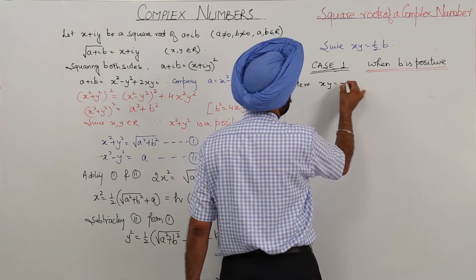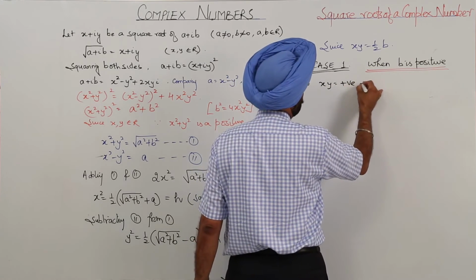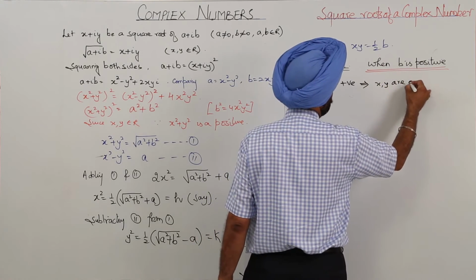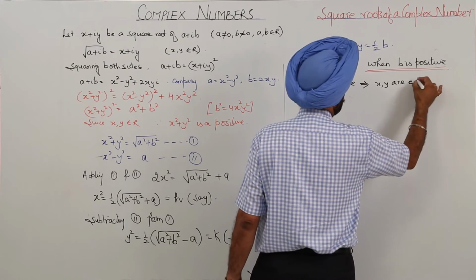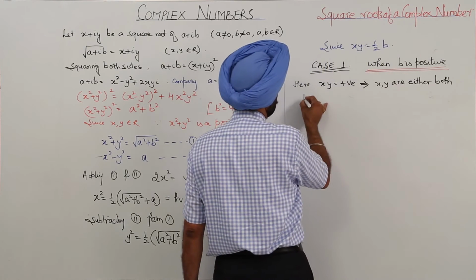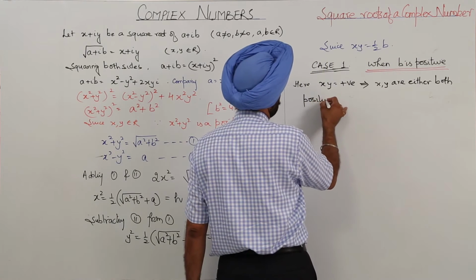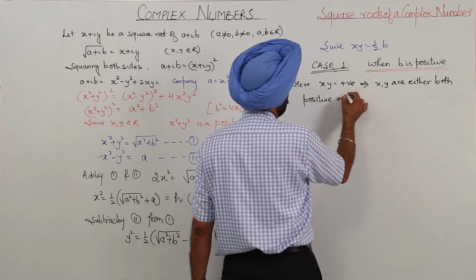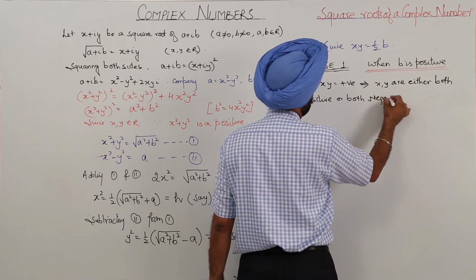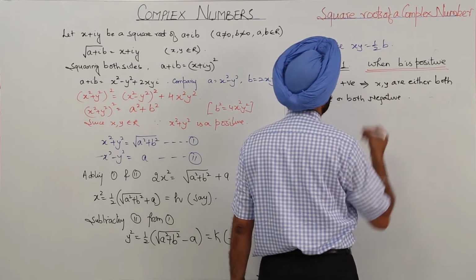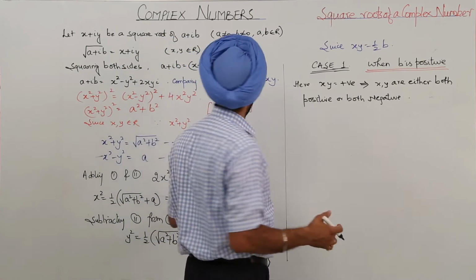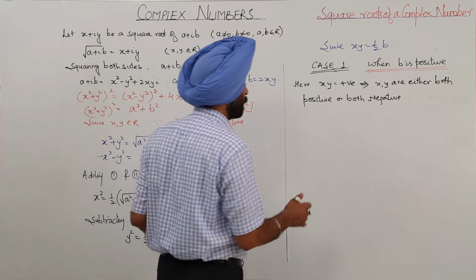Case 1, when b is positive. Here xy is positive. This means what? x comma y are either both positive or both negative. If both are positive, the result is positive; if both are negative, the result is also positive. So, what will our answer be? What will be the square root of a plus iota b?